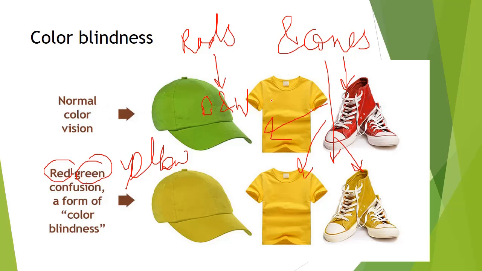So if a normal person sees these clothes, suppose this is green, this is yellow and this is red, he will not be able to distinguish between these colors, and he will see this green cap as yellow, the yellow t-shirt will be slightly not yellow, and this red will also look yellow, and so this is called color blindness.